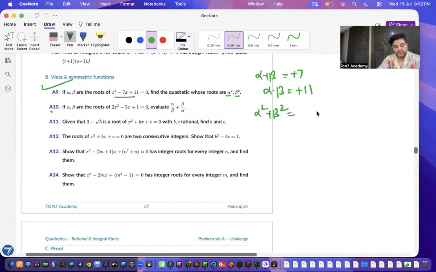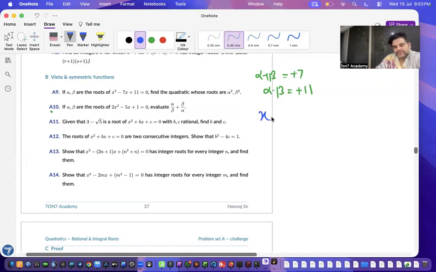Can't you just write it in the alpha plus beta form? I had a doubt. Just give me 1 minute, I'll explain it to you in a different way.